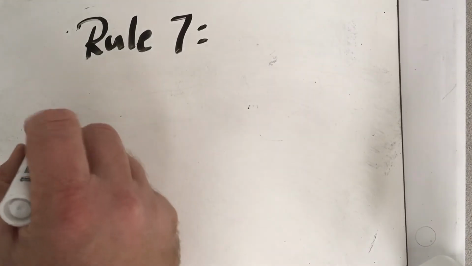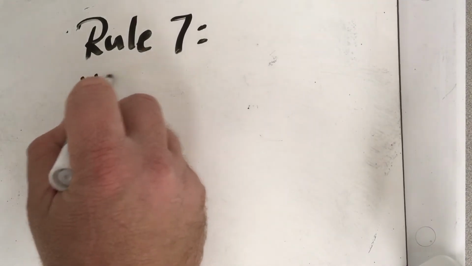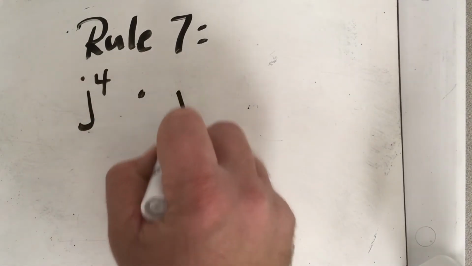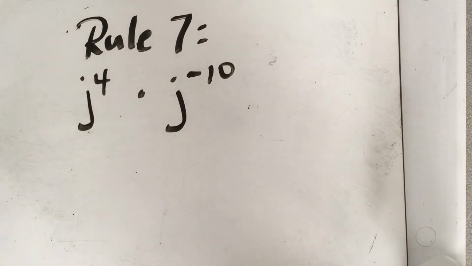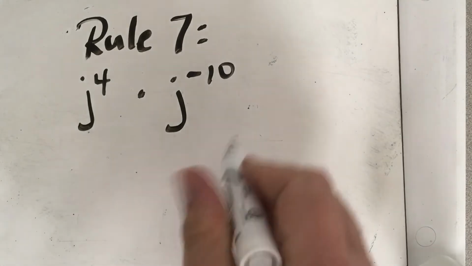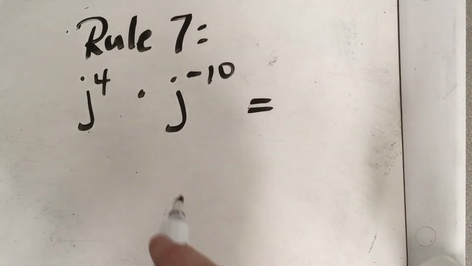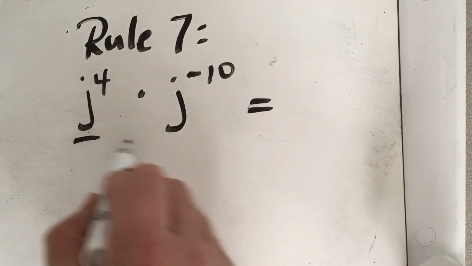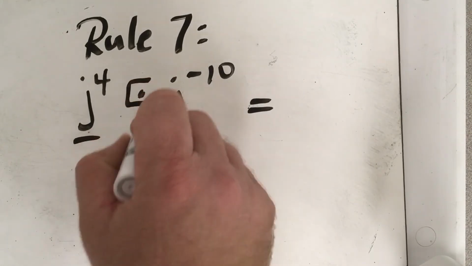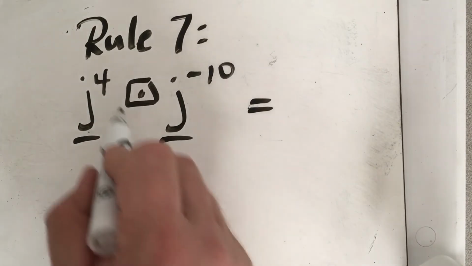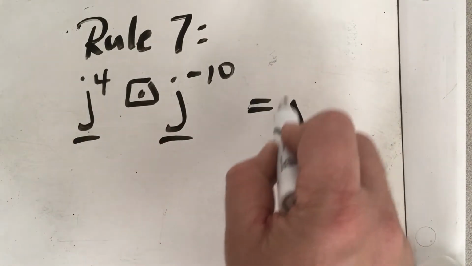What if you were trying to do j to the 4th times j to the negative 10th? Oh gosh. Well, what's the rule? This goes all the way back to rule 3. We've got the same base, and we're trying to multiply. What do we do with the exponents? We add them.